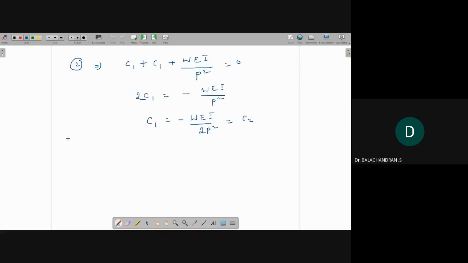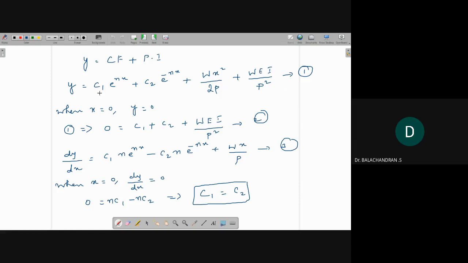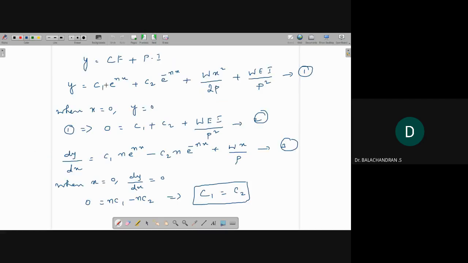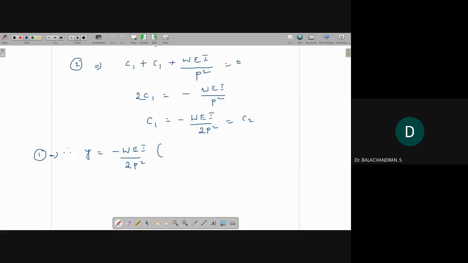Okay. Now, therefore, y equal to, I am going to substitute the values in equation 1. Equation 1 implies y equal to, I think C1 equal to C2, so that's why minus w EI by 2p square. This is for C1 and C2. So remaining you have e power nx plus e power minus nx.